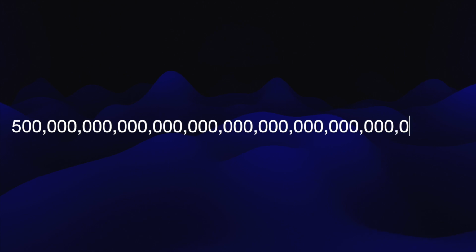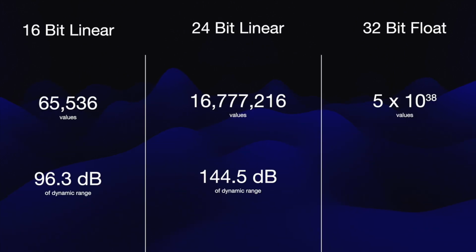It's 5 with like 38 zeros after it. That's how many different numbers can exist in a 32-bit floating point audio file. And with that, you end up with, I think, 1,500 decibels of dynamic range. It's an unbelievable amount of audio range. And when you consider that from silence to the loudest sound ever recorded is less than 300 decibels, you can fit pretty much anything inside a 32-bit floating point audio file.